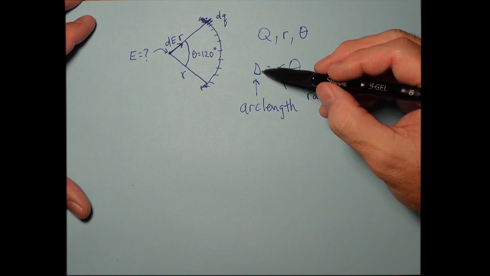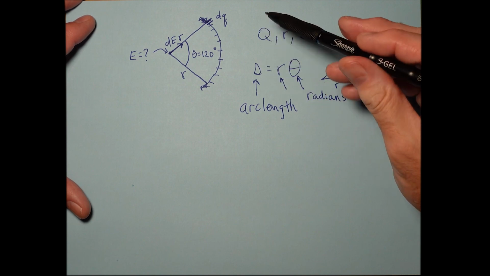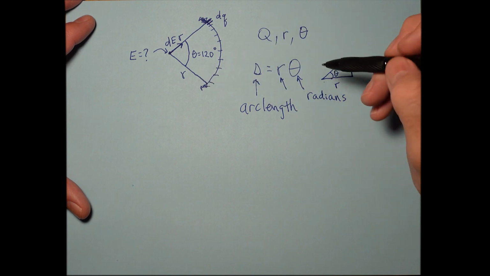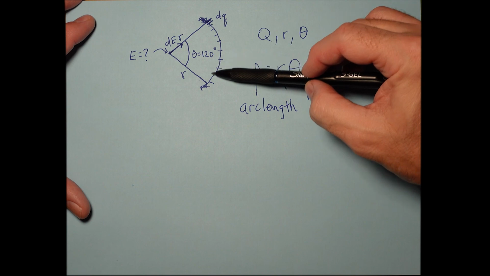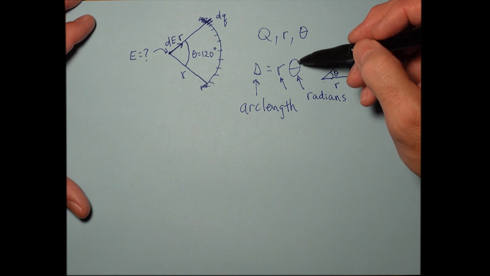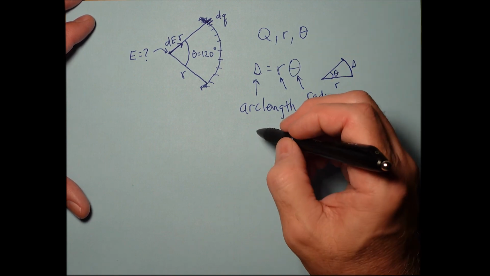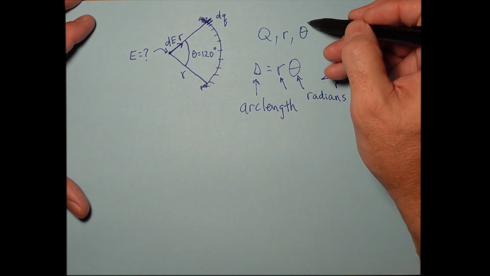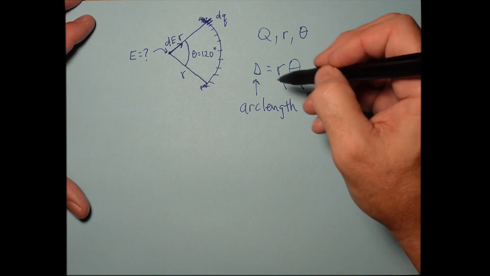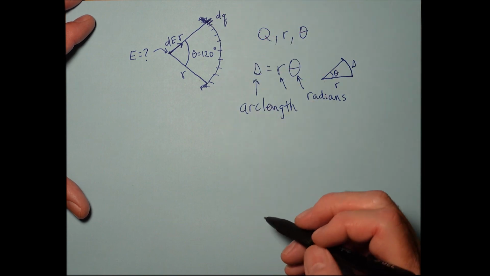Now, if that's S equals r theta, in our example here, r is a fixed value. And if we were to integrate over this length, then remember, this theta is not that theta. The theta up here is the total 120 degrees, but we're doing an integral over that theta starting from 0 to 120 degrees.